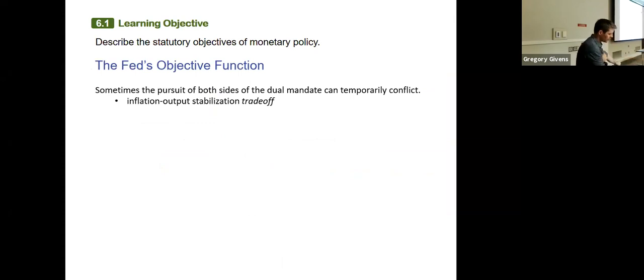Okay, so we've discussed then how the Fed uses its stabilization tools to try to dampen business cycles or mitigate business cycles in an effort to try to accomplish its dual mandate. The dual mandate being price stability and maximum or full employment and output. For example, if the economy is growing too quickly, and if inflation is too high, it's above 2%, what does the Fed want to do?